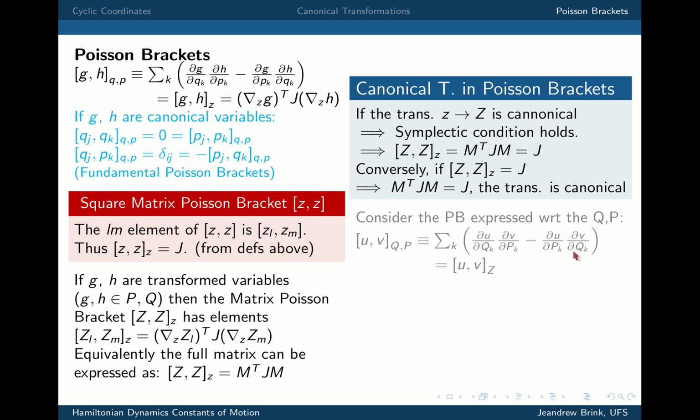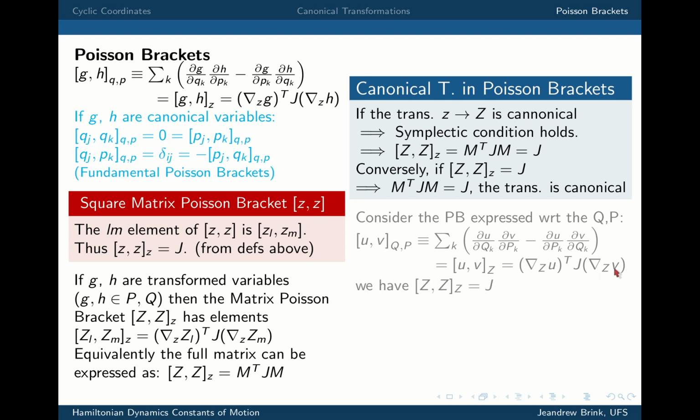And so what I'm then going to get is simply to express it again, with that notation. It's equal to what you have now, but with gradients with respect to the big coordinates.